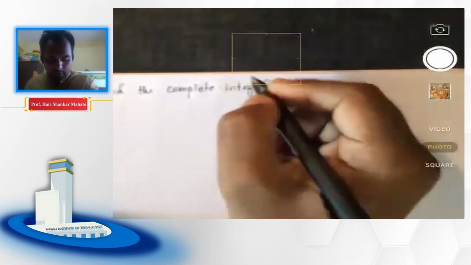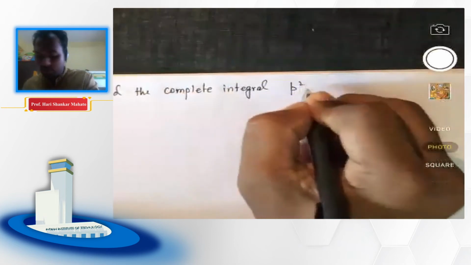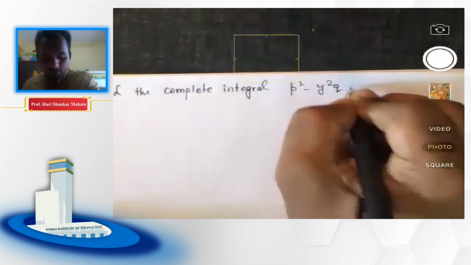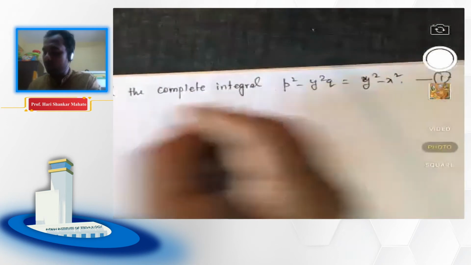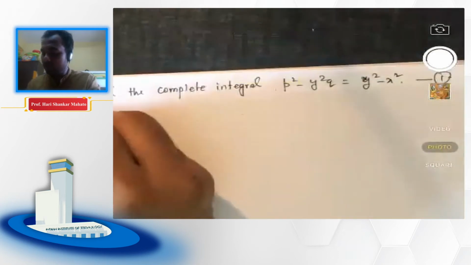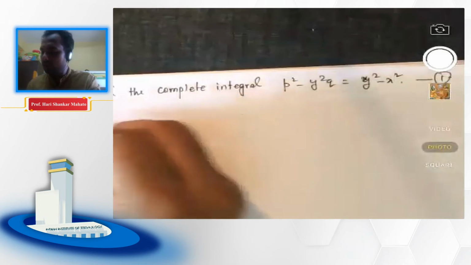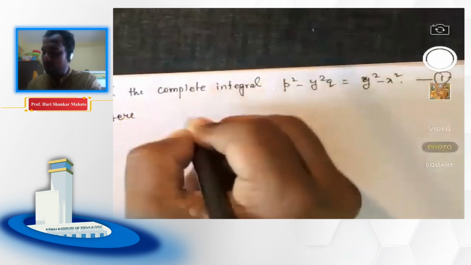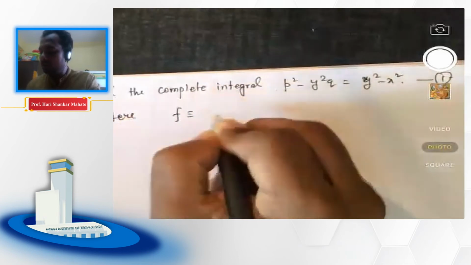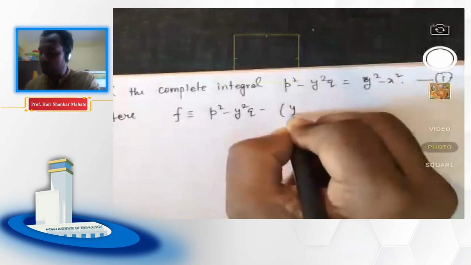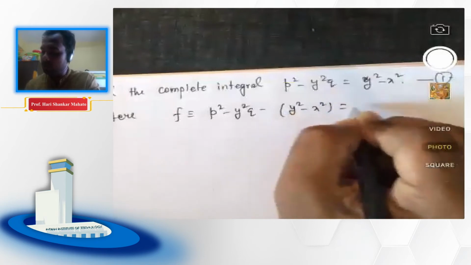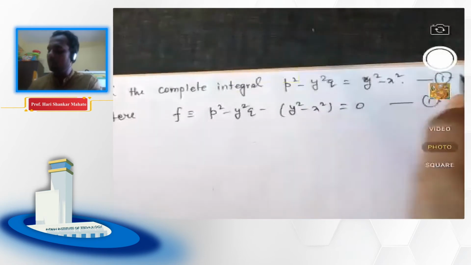Find the complete integral of p square minus y square q square equals y square minus x square. Let's call it equation number 1. So here, solution: here what we have is f of x y z equals p square minus y square q square minus (y square minus x square) equals 0. I'm still calling it relation number 1.